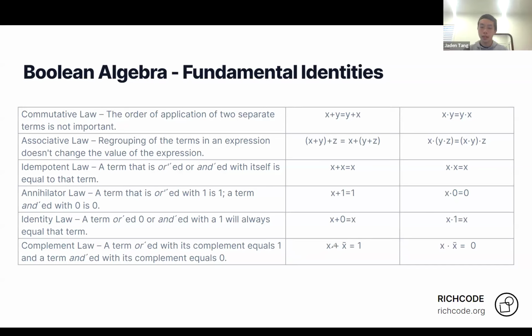The same idea applies to the complement law for AND: if you do x AND NOT x, no matter what, you will get false, because one of them will always be true and one will always be false, and true AND false will always give you false.